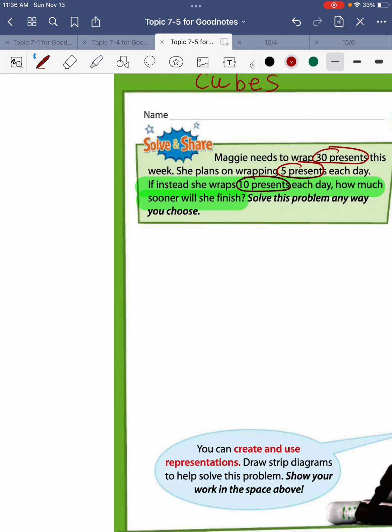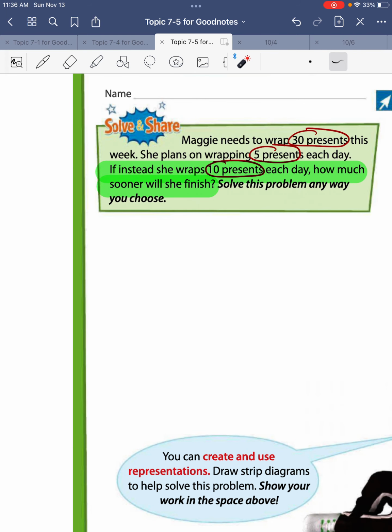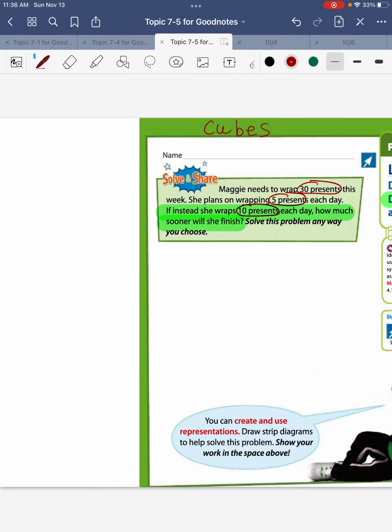So if we read the whole problem carefully, she plans on wrapping 5 presents each day. But then it says if instead she wraps 10 presents each day, how much sooner will she finish? So I'm going to have 2 questions here.